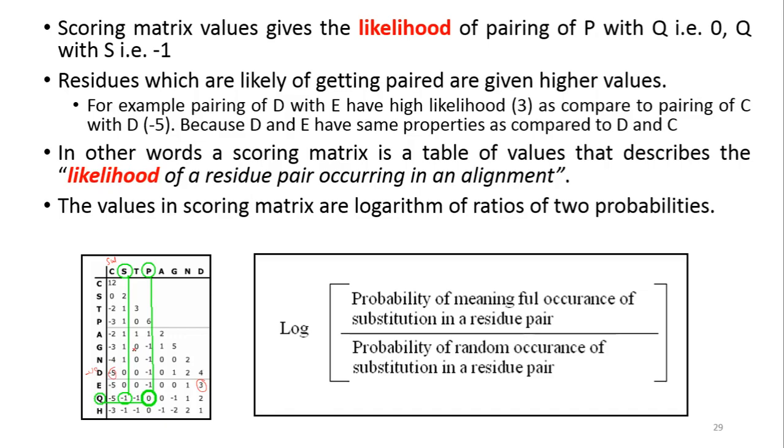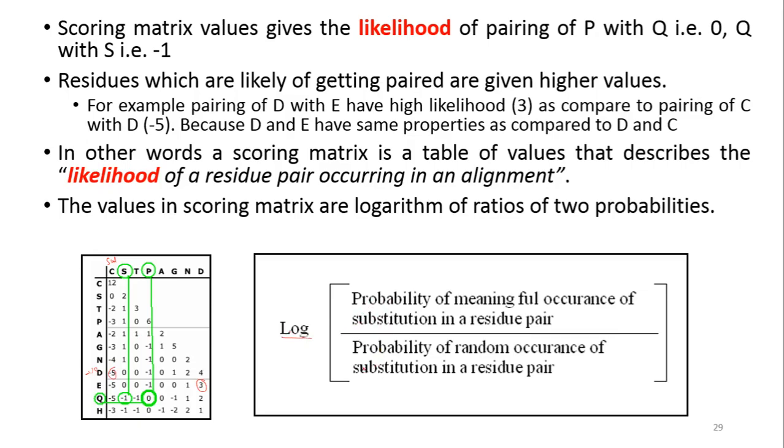Now let us talk about how these values in your scoring matrices are obtained. The values in your scoring matrix are nothing but the log of the ratio of two probabilities.